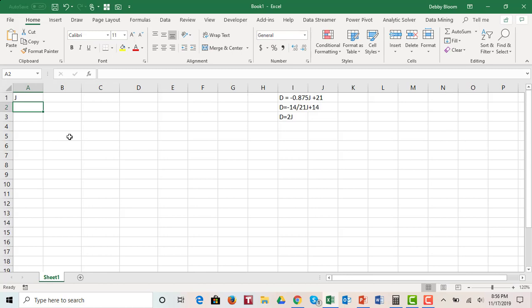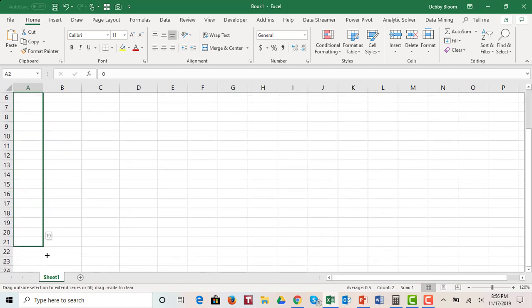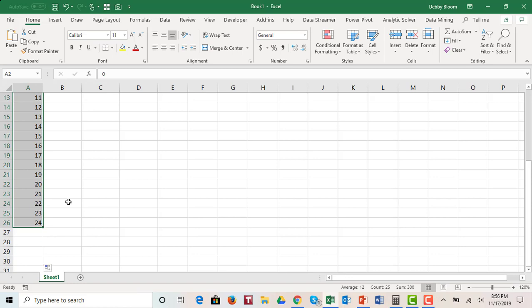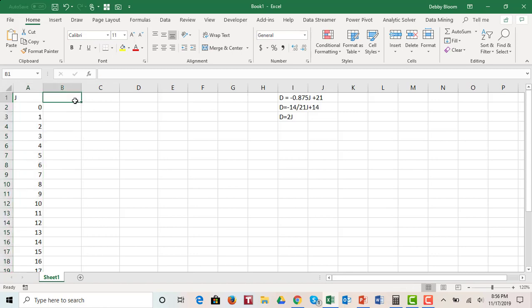So in cell A2, I'll type a 0 and enter, then type a 1 in A3, select both of them, and use the fill handle and drag that down to 24. You can go longer if you want, but the chart would extend into the negative region, which we don't want. So in cell B1, I'm going to type constraint 1.